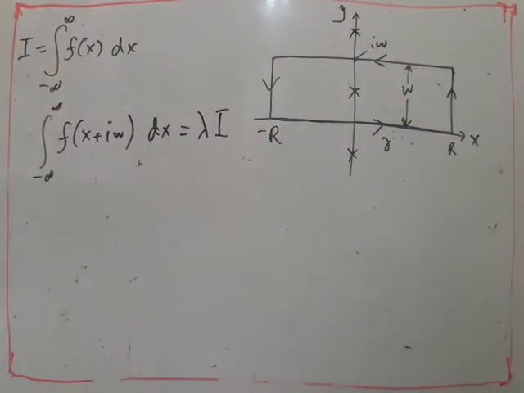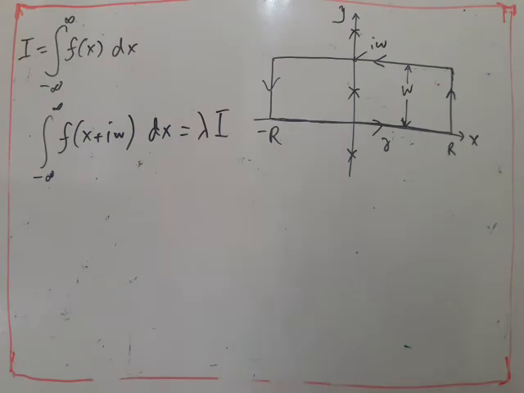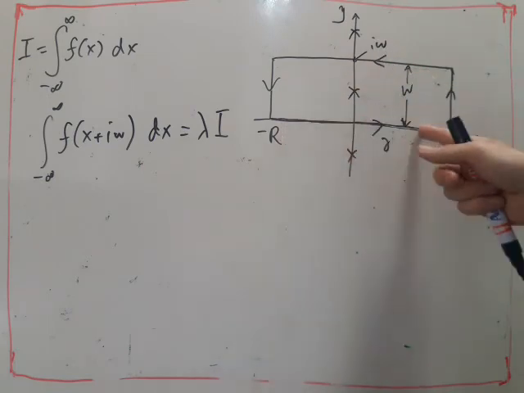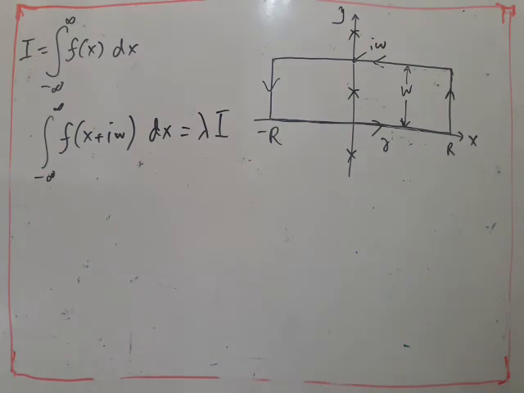But importantly, that multiple lambda must not be 1. Otherwise, as you integrate along here, you'll just exactly cancel the integral along here.